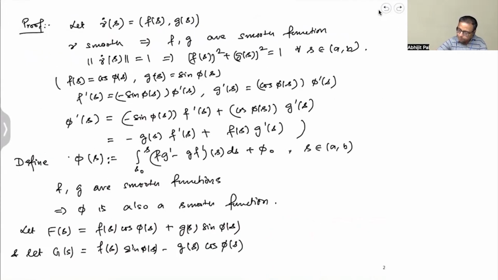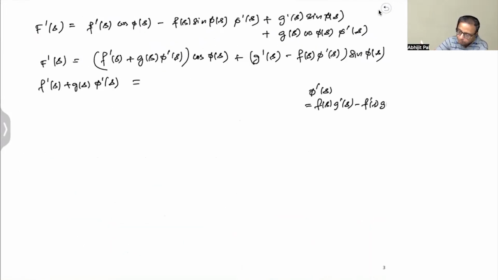So from here, if we substitute this phi prime s here, we'll get f prime s plus g s times this.